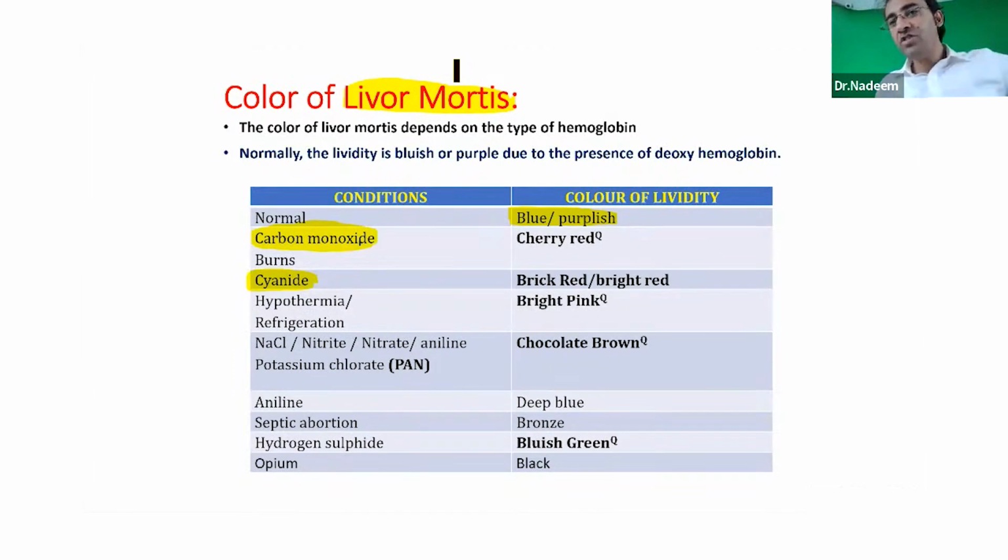Yes, discoloration is called livor mortis. Cooling of the body is called algor mortis. Stiffening is rigor mortis. So many things, right? Fine. So this depends upon the type of hemoglobin.